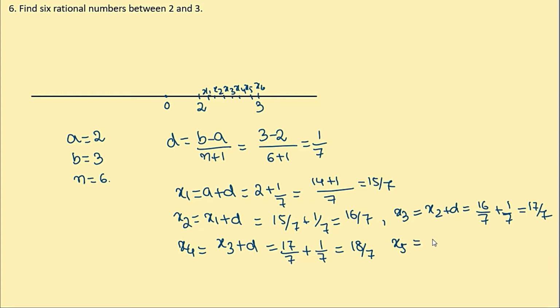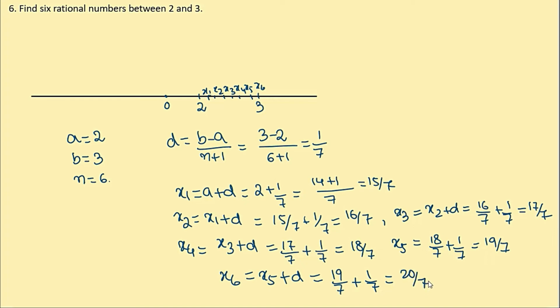X5 is 18 by 7 plus 1 by 7, that is 19 by 7. And X6 is X5 plus D, that is 19 by 7 plus 1 by 7, that is 20 by 7.